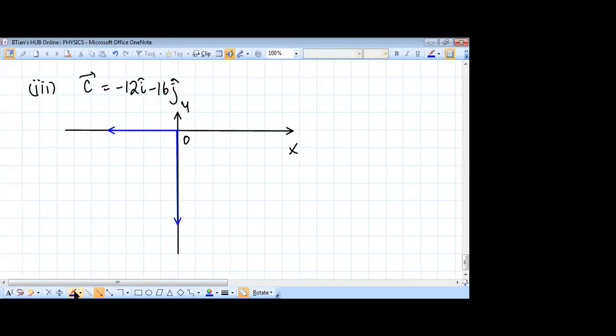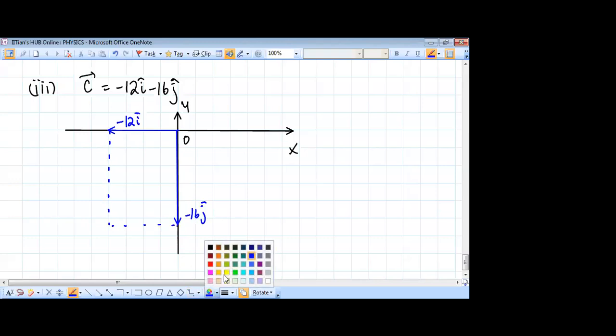Let's say it looks something like this. So the vector itself being the sum of these two will be like this.